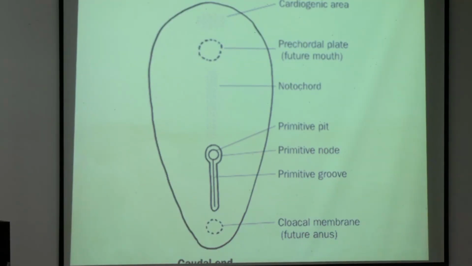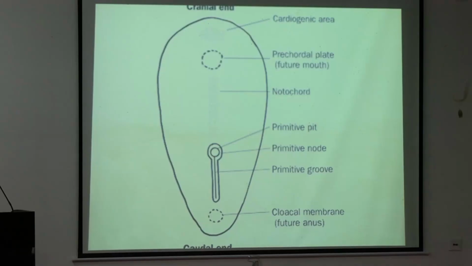This is the epiblast. Now, there is another structure that arises. It's called the notochord. You all have heard the name of notochord. The notochordal cells again arise from the primitive pit and primitive node. The cells migrate anteriorly and give rise to the notochord. The notochord extends till the precaudal plate. What is the precaudal plate?